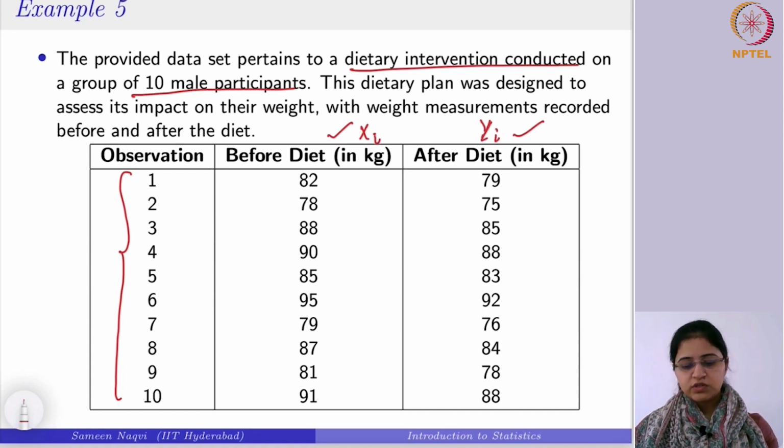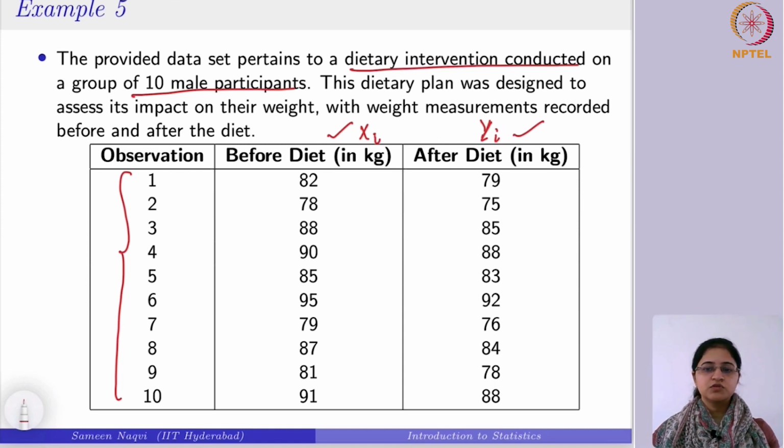If you have to deal with this by looking at the data, you can immediately identify that this is a dependent data set. So you would no longer use the original result that we had for a two sample problem, where you can find sigma 1 square and s2 square.